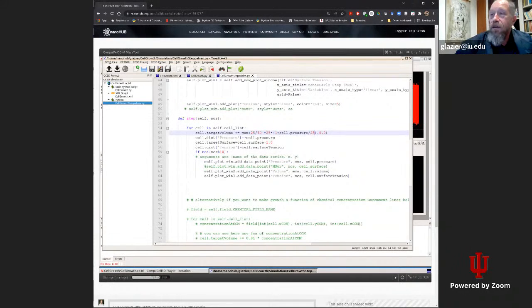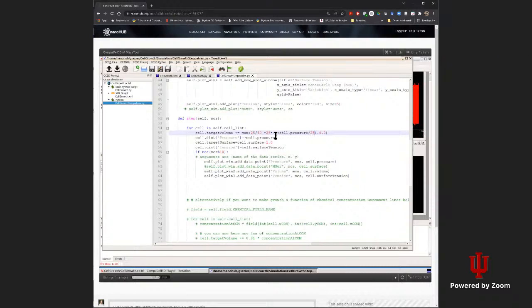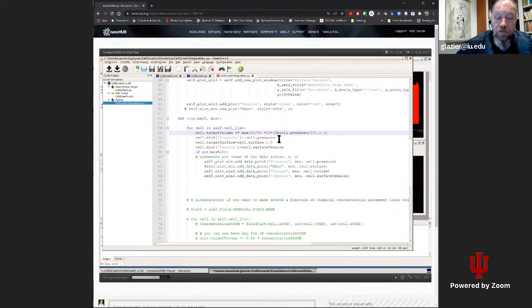So I will write this as Pref, which I made to be 25, divided by parenthesis, 25 plus, except plus is a minus because it's a negative sign, minus cell pressure.